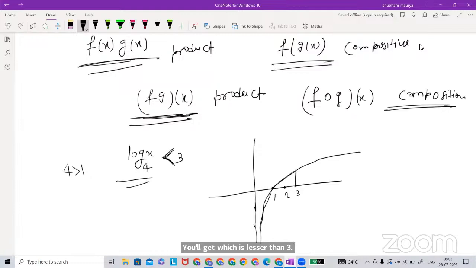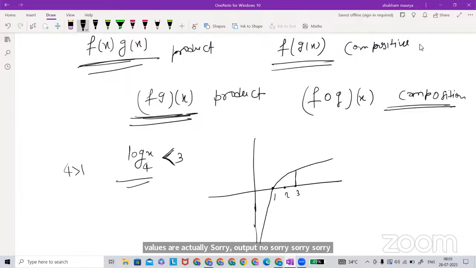Just use the graph, it is easier to understand. Otherwise exactly giving the values is difficult, but while looking at the graph you can tell that these values are lesser than 3.